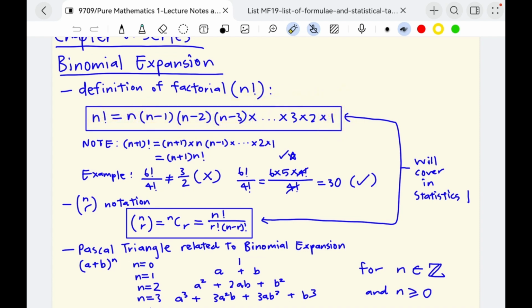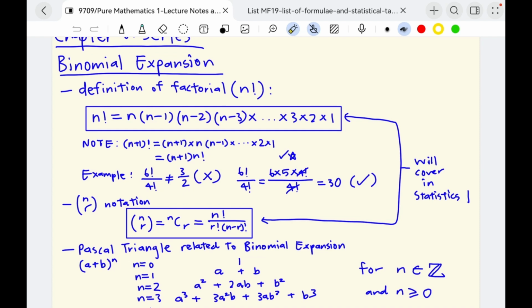Or we can replace my sentence as n times n minus 1 times n minus 2 all the way around until times 3 times 2 times 1. So this is actually the arrangements.